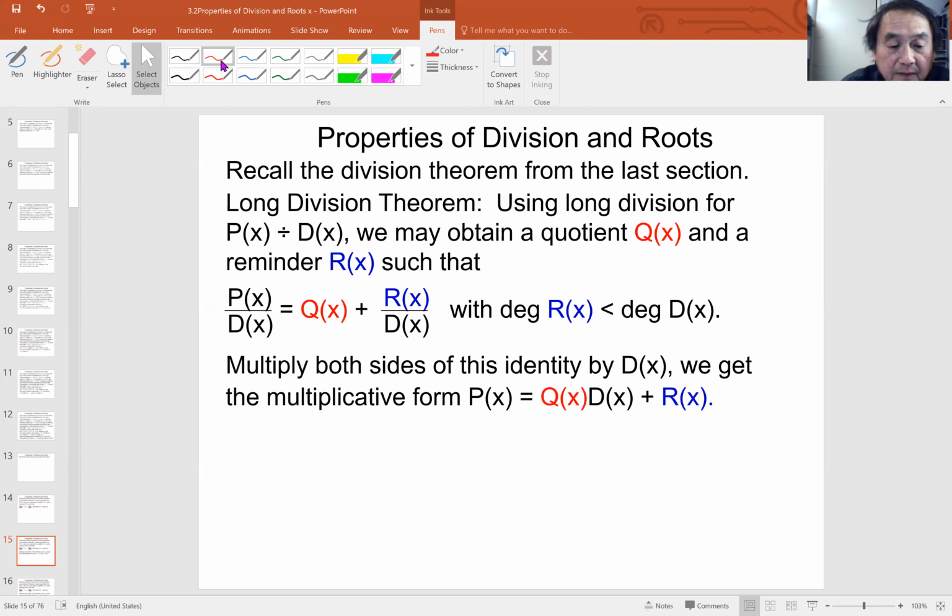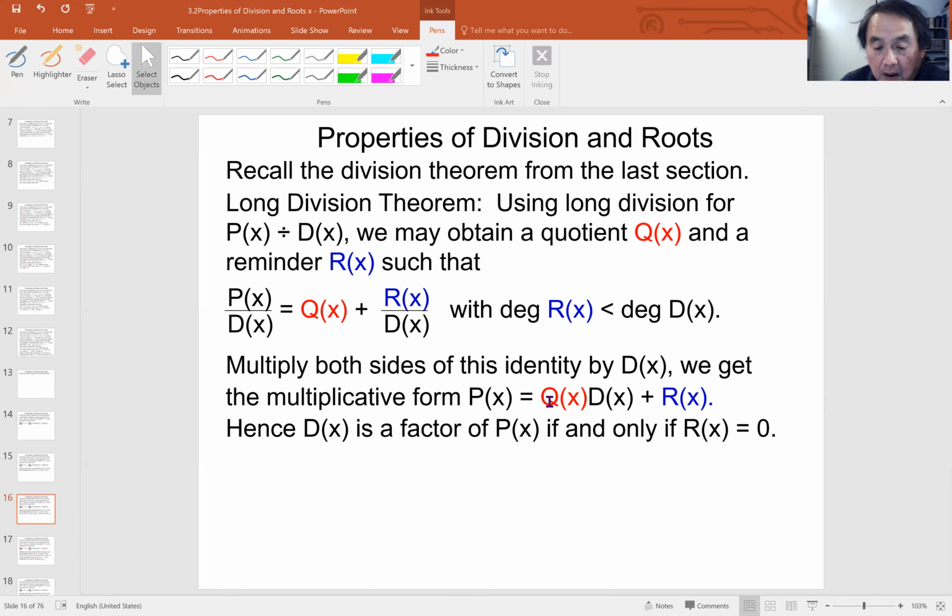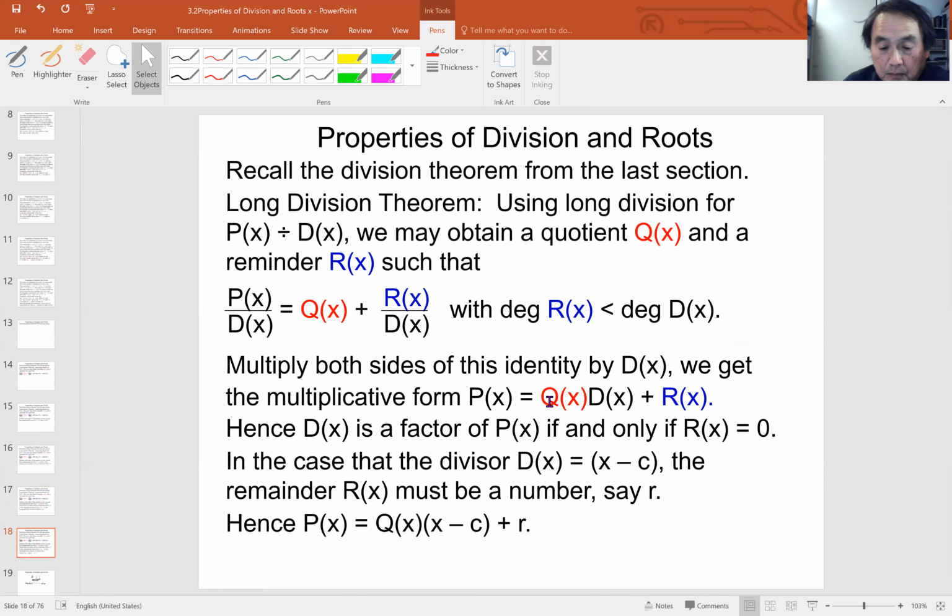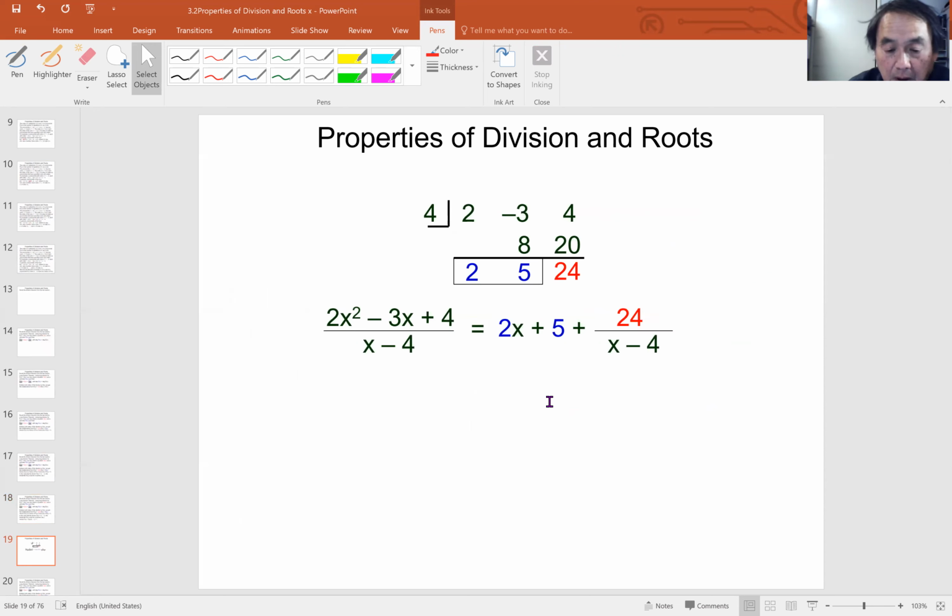Okay, when I do synthetic division, if I divide a polynomial p of x by some divisor d of x, then I can arrive at a format with q as the quotient.